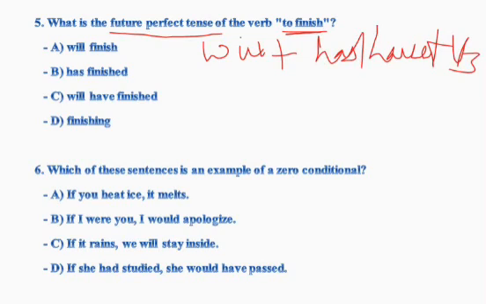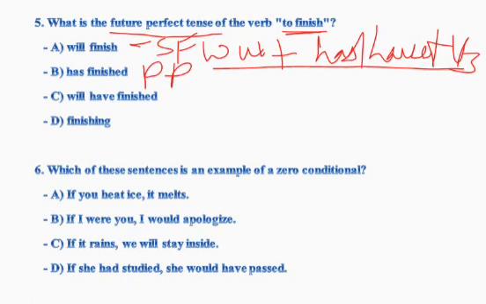So we have to look for an option that would fulfill this criteria. "Will finish" is simple future tense. "Has finished" is present perfect tense.